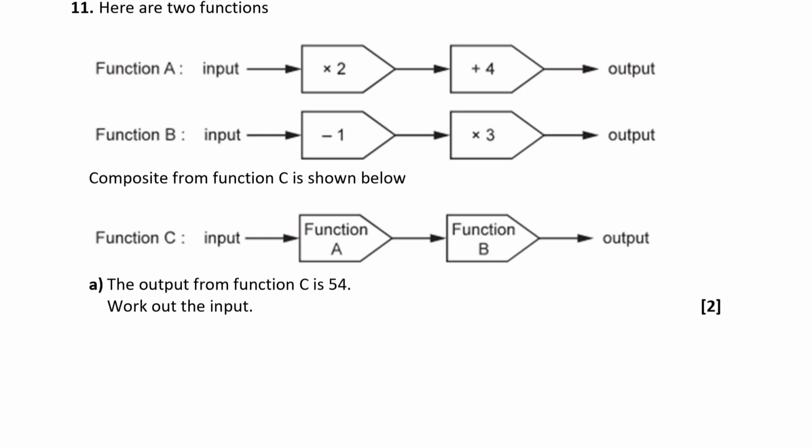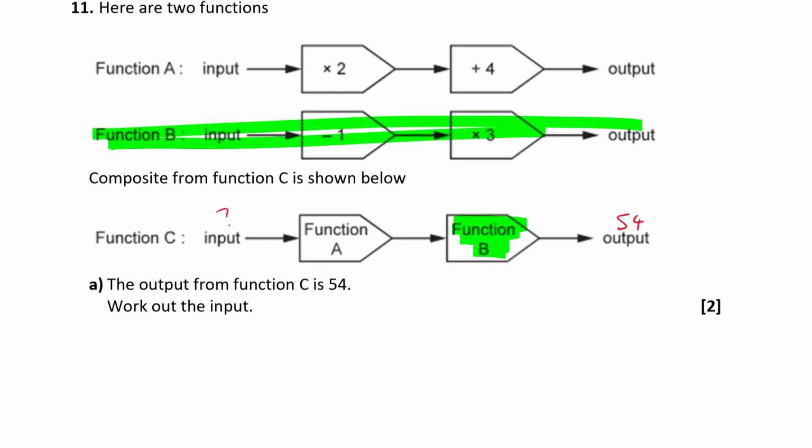Work out the input. Okay, so we know that this output here is 54. We want to work out the input over here. Now function B, so this bit here is this function, isn't it? That's all function B. So actually the 54 is what we get coming out of the B function, isn't it?